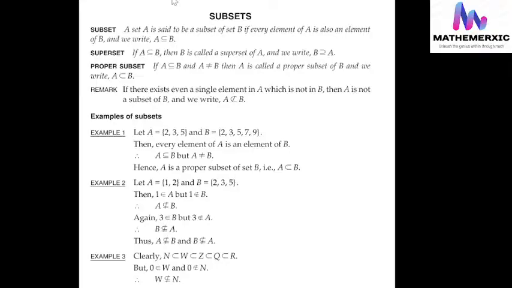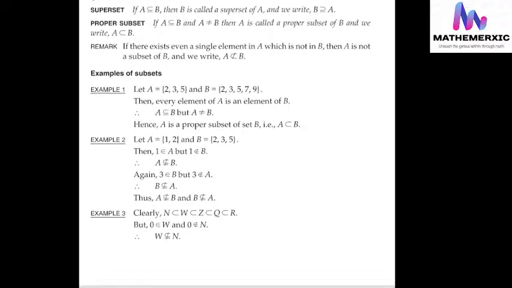If there exists even a single element in A which is not in B, then A is not a subset of B, and we write A is not a subset of B. There are examples, and with the help of examples we can easily confirm it.